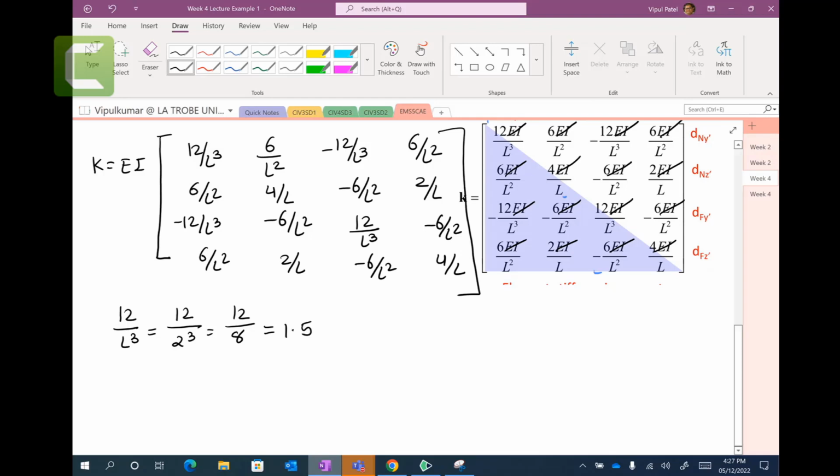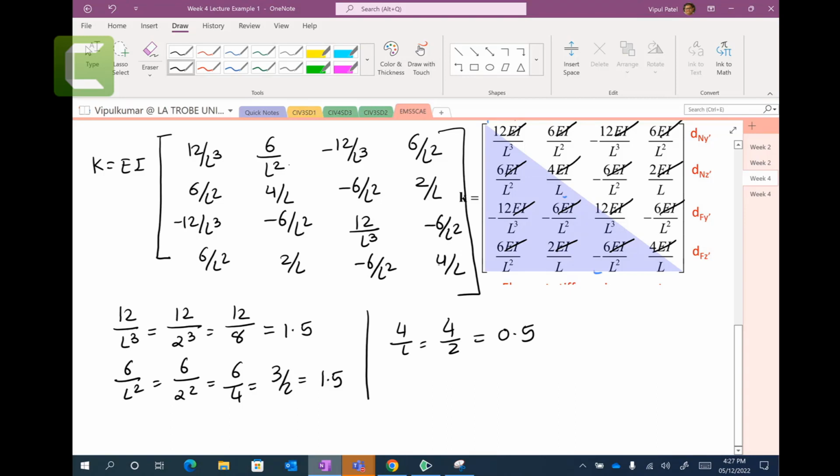You with me? 6 on L square: 6 divided by 2 squared, 6 on 4, 3 on 2, 1.5. 4 on L, 4 divided by 2 is 2. And 2 on L, 2 divided by 2 equals 1. I hope you understand. I just did all these elements very quickly.